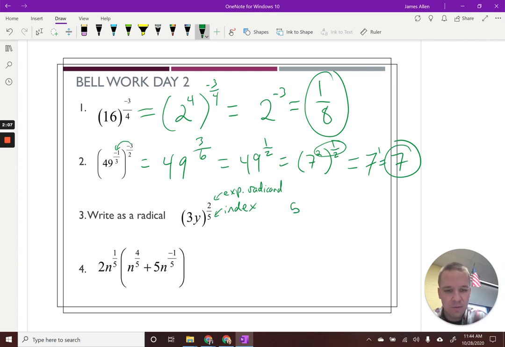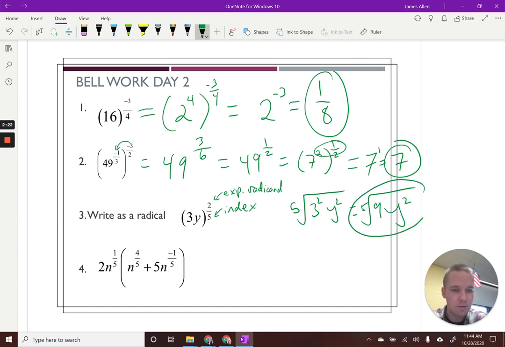So I'm going to have the 5th root of 3y to the 2nd, or I can say 3 to the 2nd y to the 2nd, which would be the 5th root of 9y squared. 3 squared is 9. You dig? I dig.